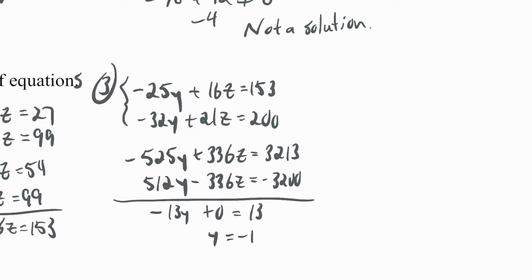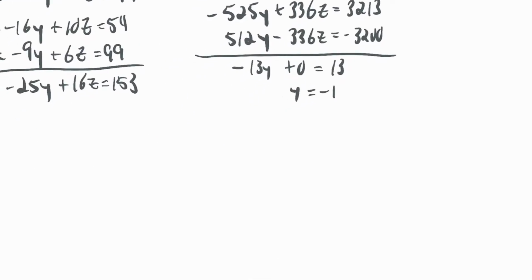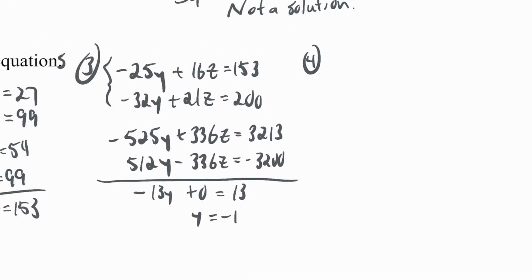So let's do that. Let's say step 4. Yeah, let's do it here. Step 4. So, -25, plug in -1 plus 16z equals 153.